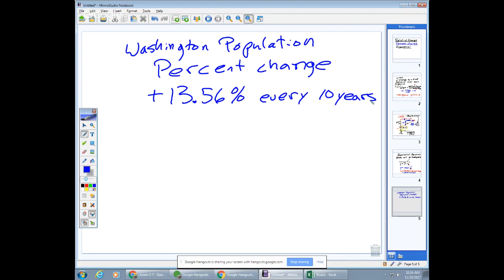So let's see, what was one of our starting populations? Was it 5,900,000? So we started at, say, 5,900,000. And then what we had to do is get the next population, we had to add on to that 13%, so 0.1356 times that 5,900,000.